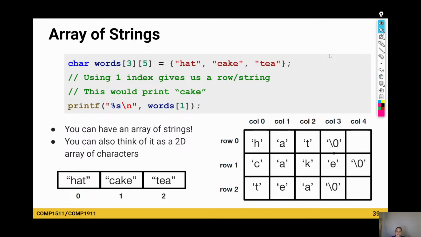Now if I take my array and just use one index on it, so I go to this two-dimensional array at index 1, this gives me this whole row. And this whole row in this case is a string. So I could go to words at index 1 and print the whole string, and that's going to give me cake.